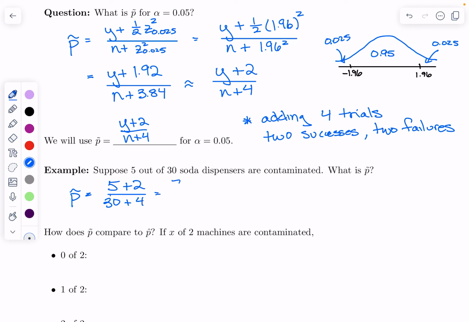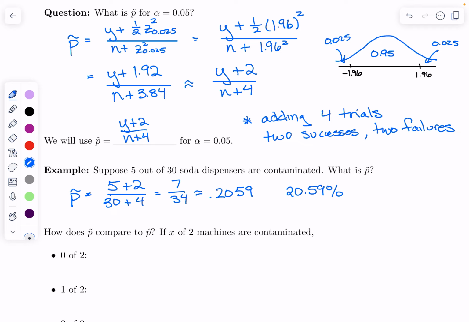So we end up getting 7 out of 34, which is approximately 0.2059, or 20.59% of soda dispensers are infected. So a little bit more than the 16.67% that we had gotten earlier.